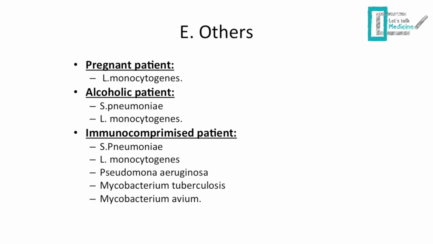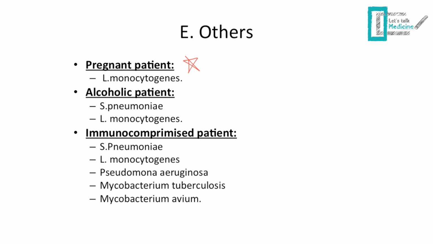Finally, as you can see here, we have different populations that are more prone to specific organisms. For example, pregnant women have to be careful about Listeria monocytogenes because it can come from unpasteurized milk and ingestion of deli meat, for example. So they have to be careful about this. Another population is alcoholic patients, which are more prone to strep pneumoniae infections.